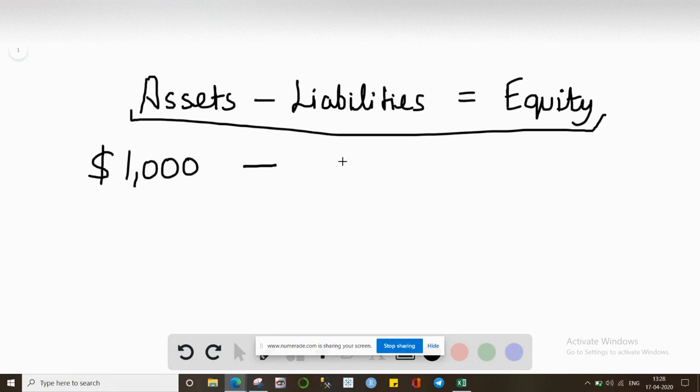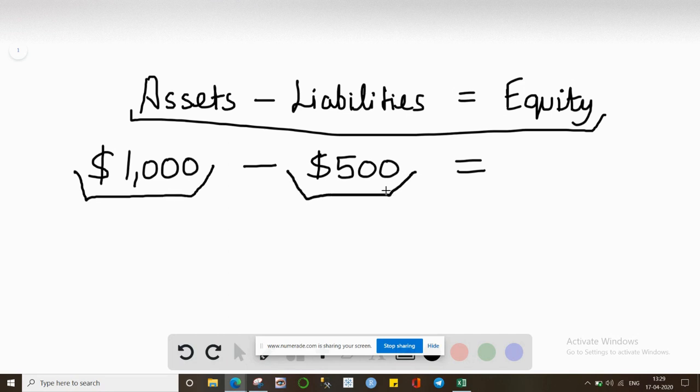So let's say we have bought material worth $500, and we have not paid for it yet. So we say that out of the assets generated in our business, that is $1,000, we have created $500 as liabilities that we have to pay to other persons.